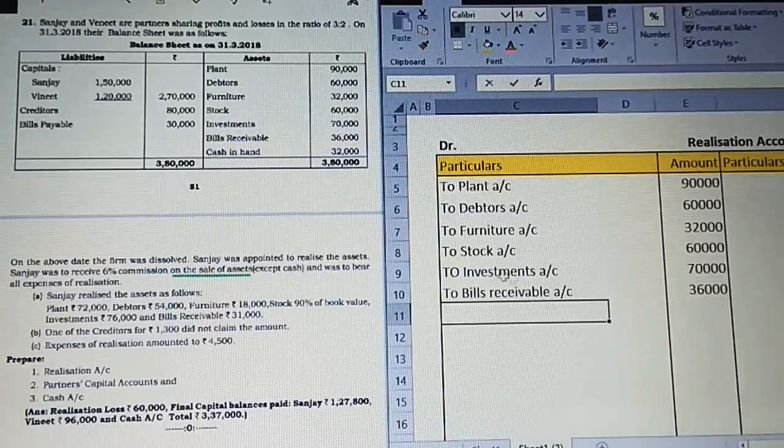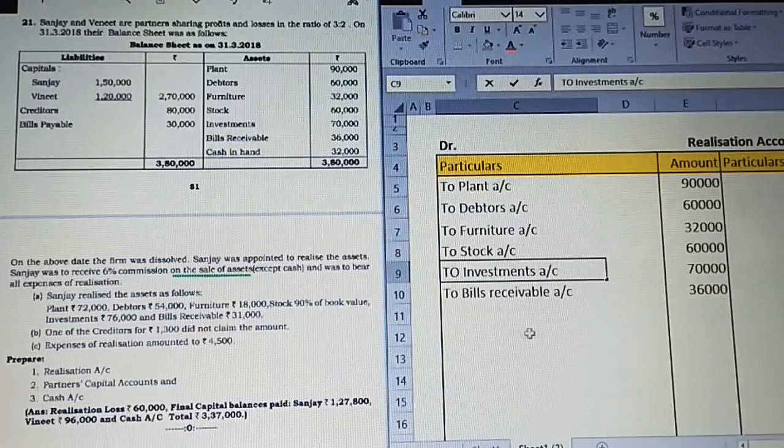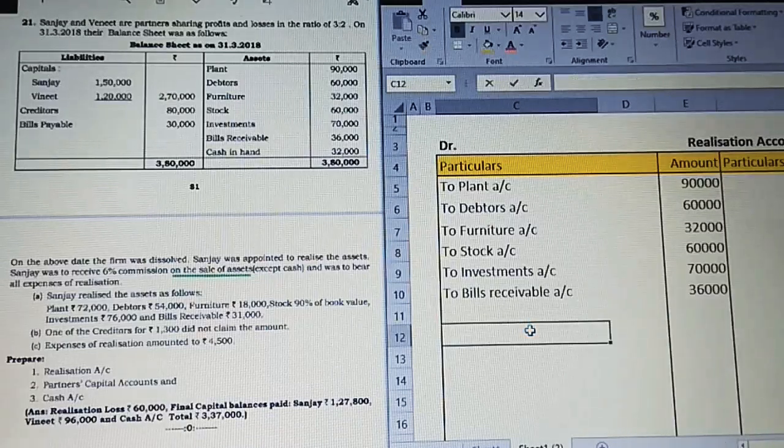Yes, we are supposed to ignore the cash in hand or cash at bank. So all the rest of the assets we have posted in the opposite direction.